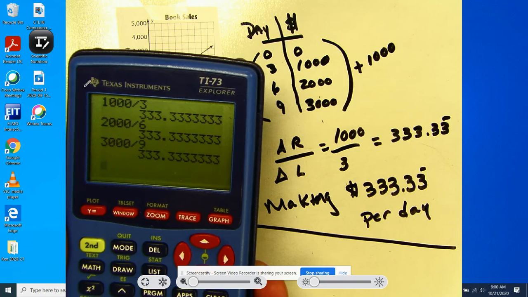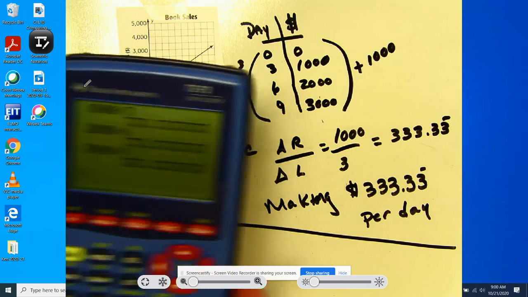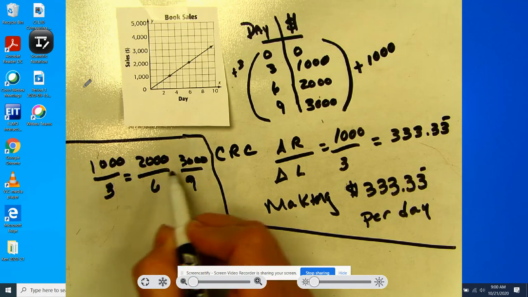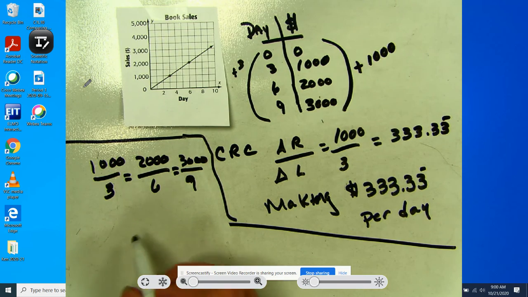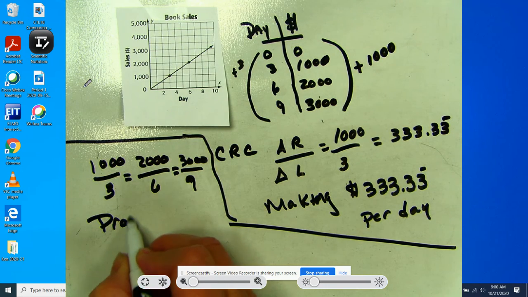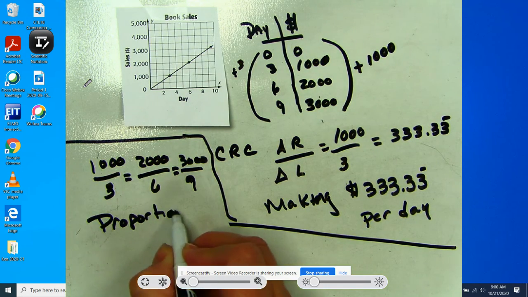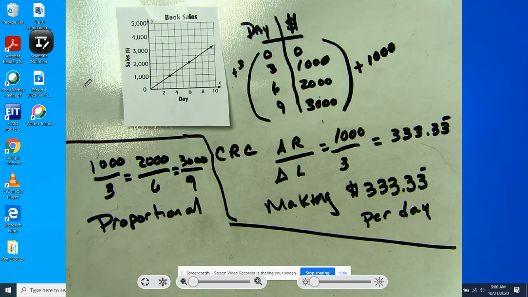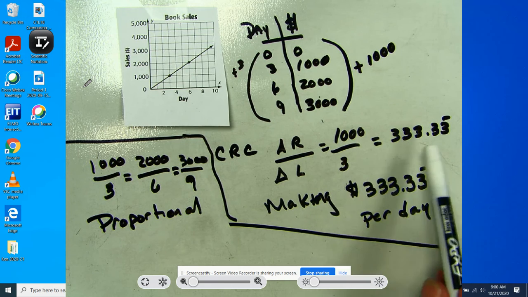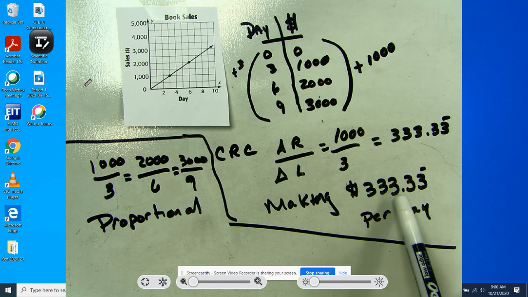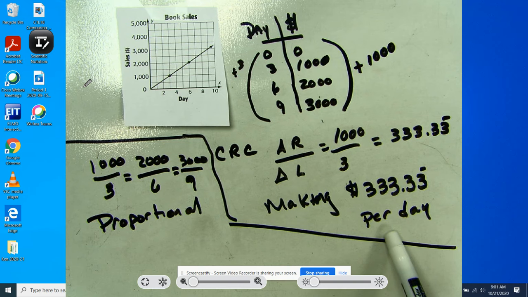Notice they're all giving us the same answer. And since they're giving us the same answer, these are all equal to each other, and therefore it is proportional. What is the constant of proportionality? It would be 333.33 over 1, or per day.